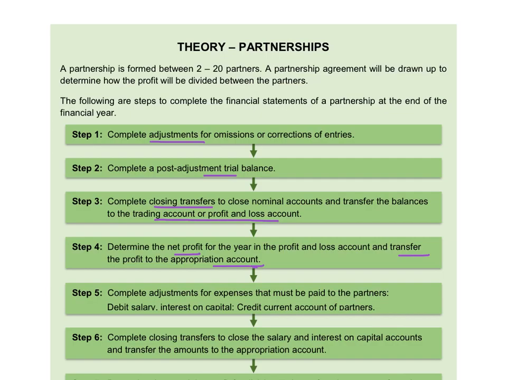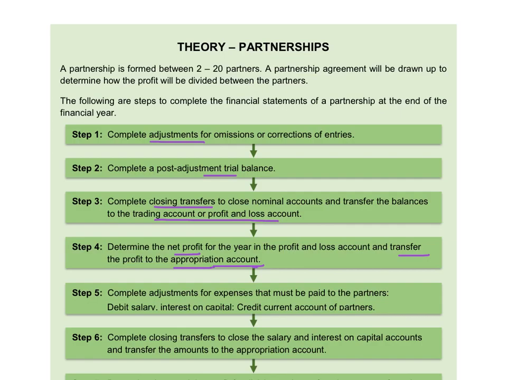Because in a sole trader, the total profit that you make in the profit and loss account will go to the capital account of the owner. In a partnership, we have different partners, so we have to divide that profit between the partners, and that division of the profit between the partners will be shown in the appropriation account.